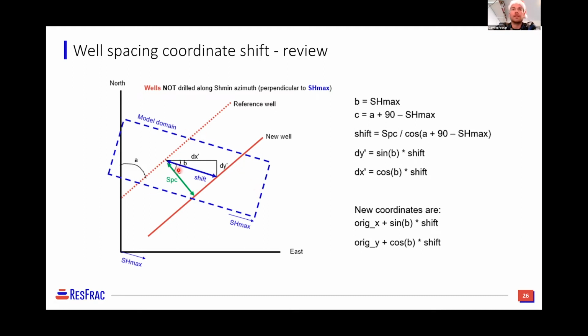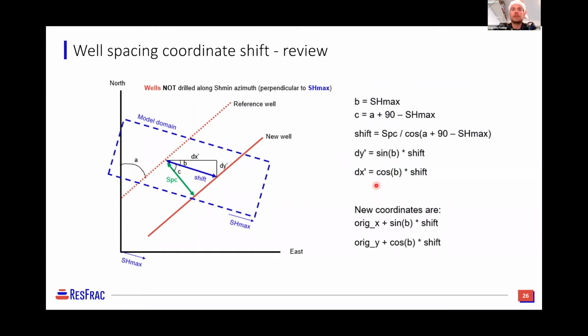And we went through the geometry where there's some cosines and some sines and a shift. And ultimately what you're able to do is shift these wells and populate such that you might have 3, 4, 6 wells to assess well spacing and the impact that that has.